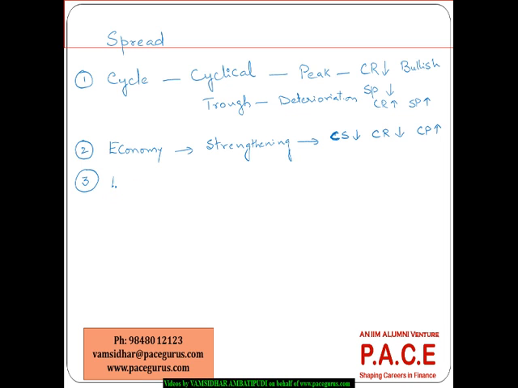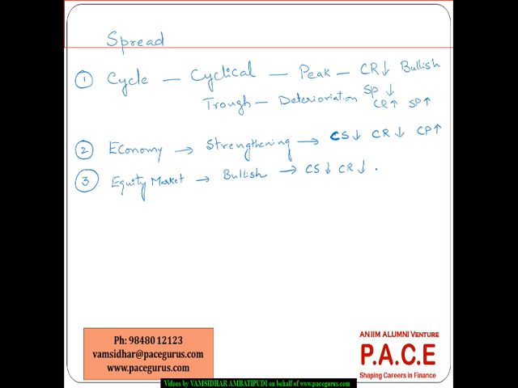Look at the equity market performance and, in general, the financial markets' performance. The moment the equity markets are more and more bullish, we see that the credit spreads narrow and credit risk is lower, because the equity can be sold to pay back the bonds.